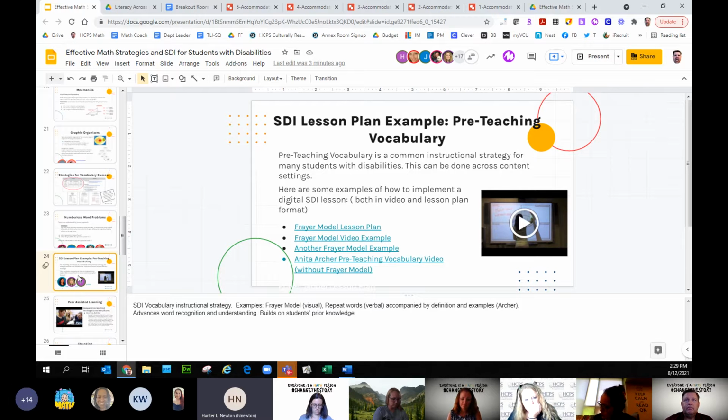Non-examples, they can draw a picture and things like that. And then the Anita Archer one is more of a verbal strategy that goes with the definitions and examples. But the biggest piece is that you're using students' prior knowledge to help them better understand the vocabulary terms that they're going to see throughout, whether it's the lesson or the entire unit.